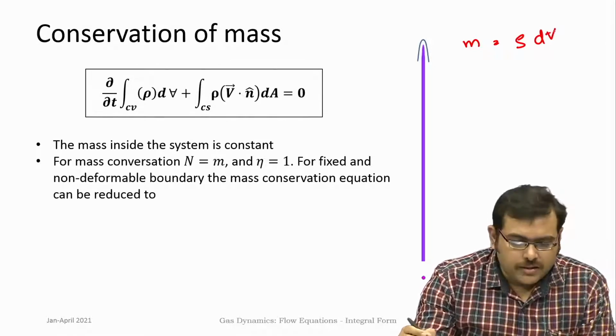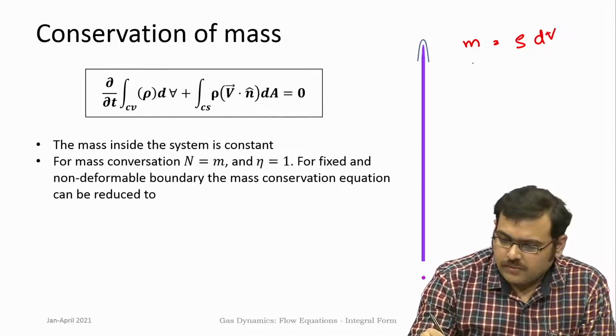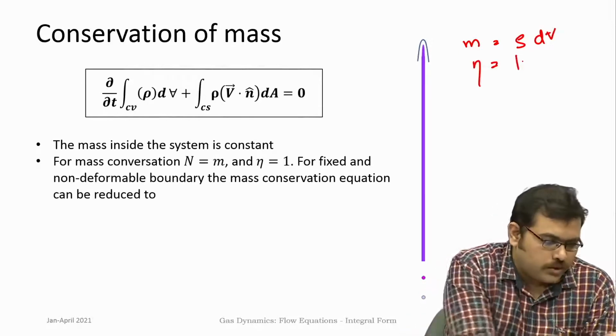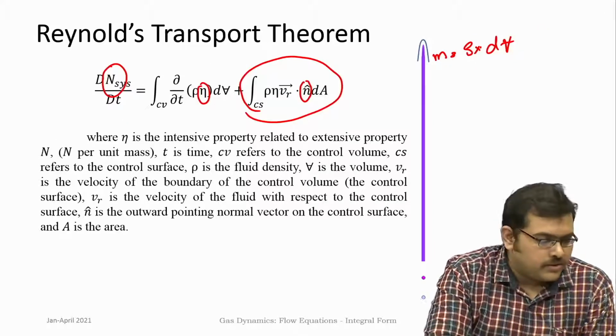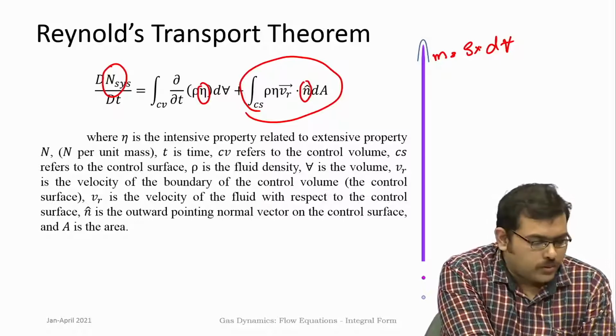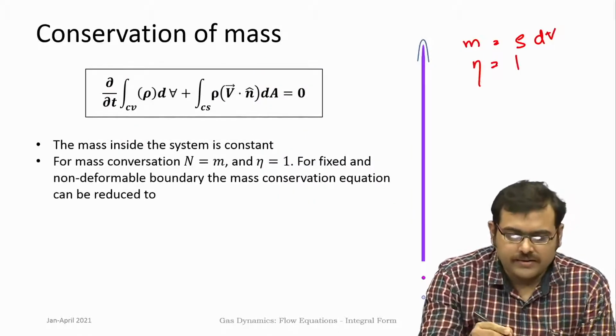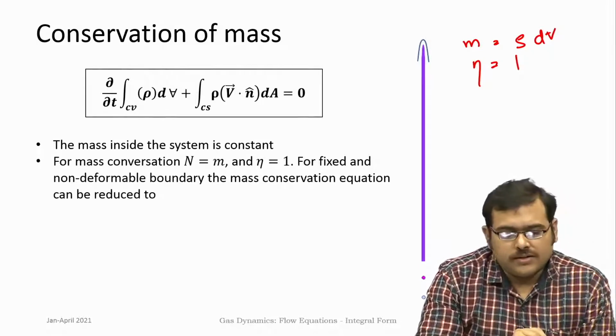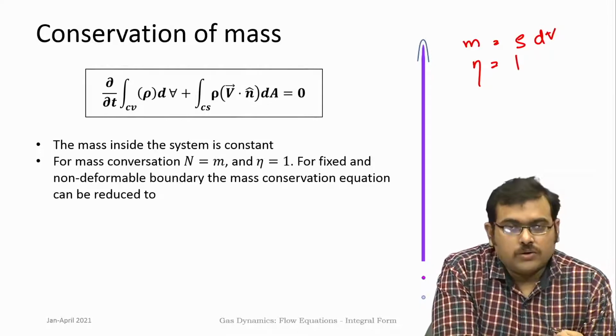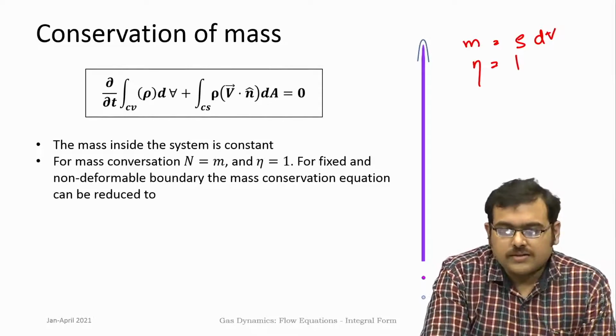Because of that the value of that intensive property is 1. So if you look at the Reynolds transport theorem and put eta equal to 1, you will get the equations for conservation of mass in the system. Okay. So mass does not change.